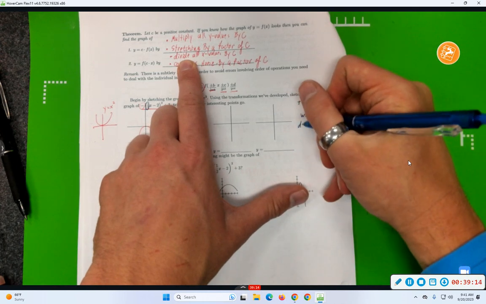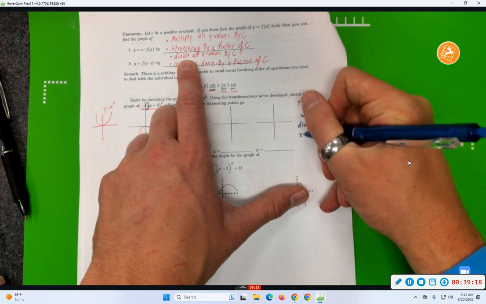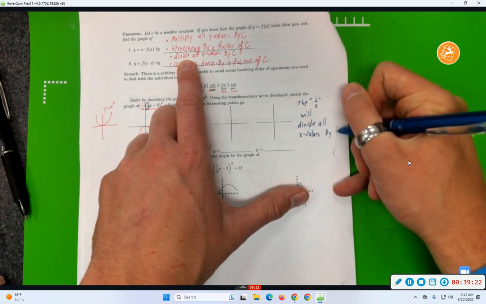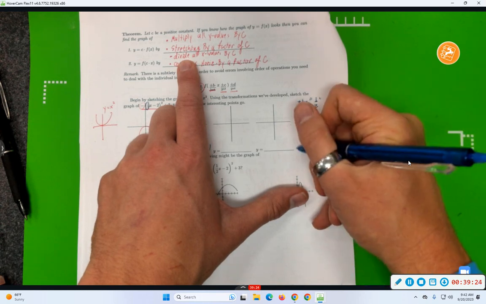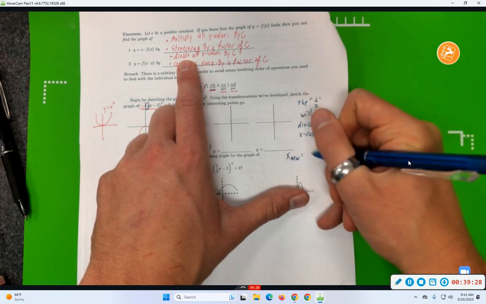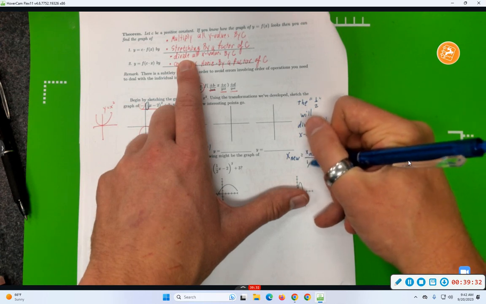This will divide all x values by 1/2. And maybe one way of writing that is each new x value will be an old x value divided by 1/2.